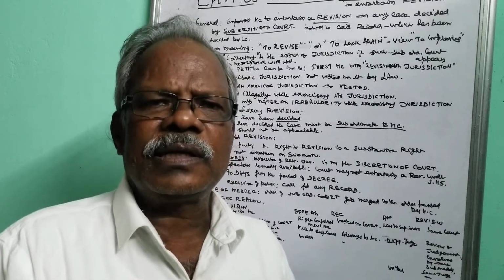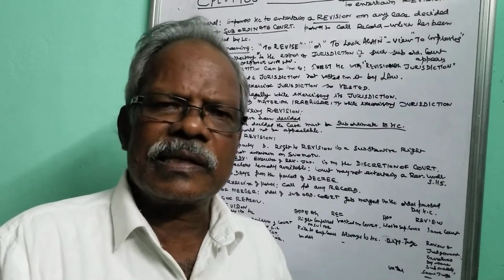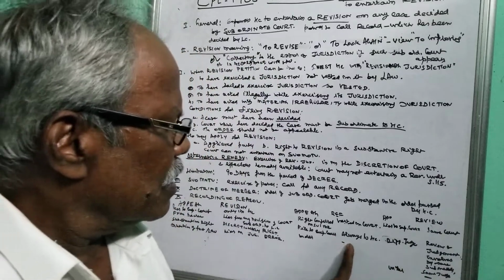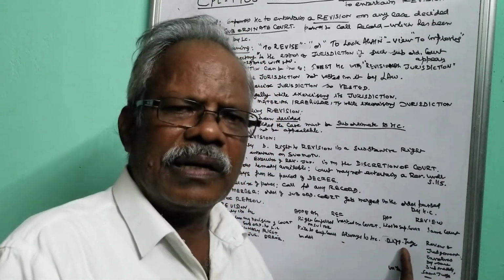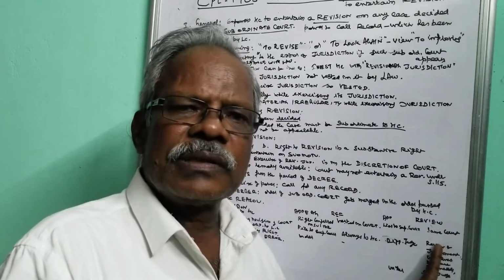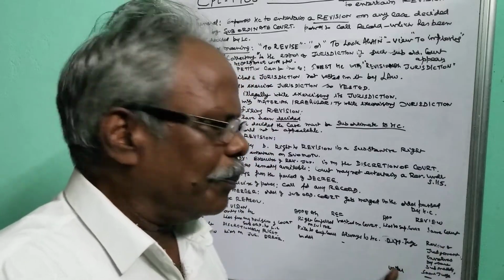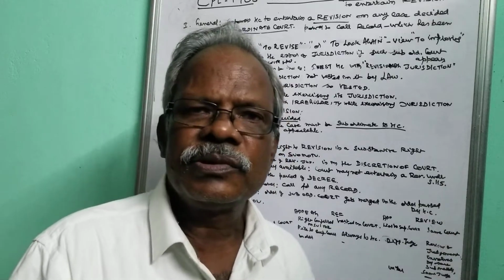So the person who decided the judgment has to take up the review. In appeal there may be different judges, but in review it is the same judge, the same court. And appeal is wider than the review.